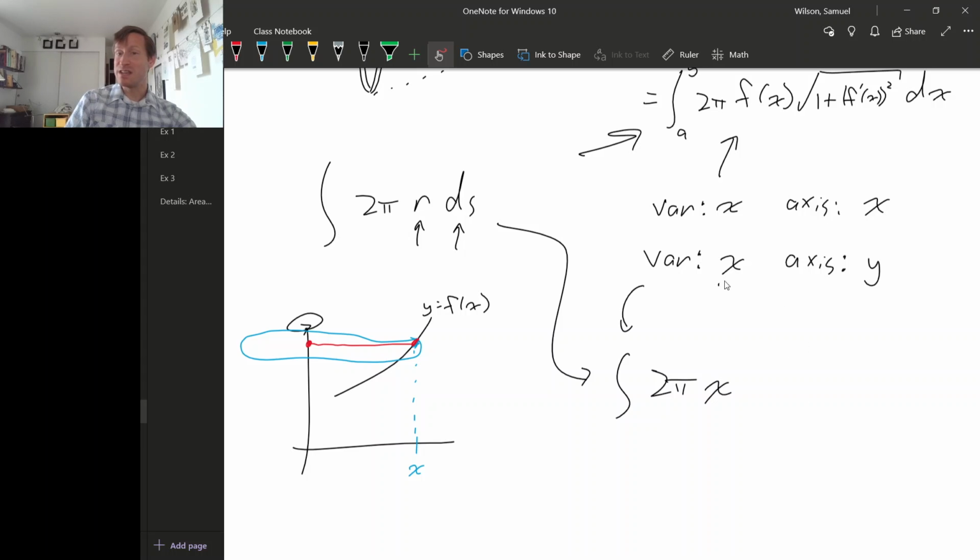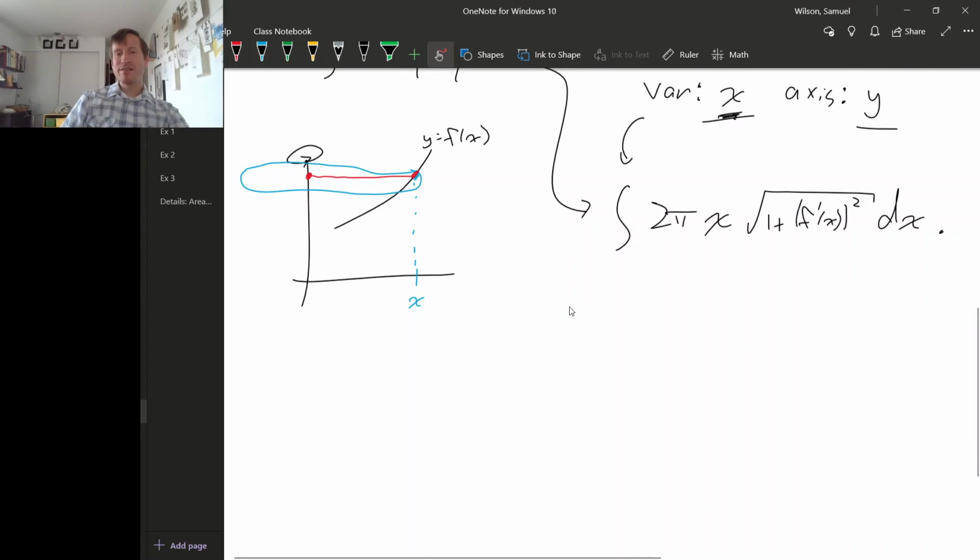But since the independent variable is x, ds is the square root of 1 plus the derivative of f of x squared, dx. Okay, so this is if the independent variable is x and the axis you're rotating around is y.